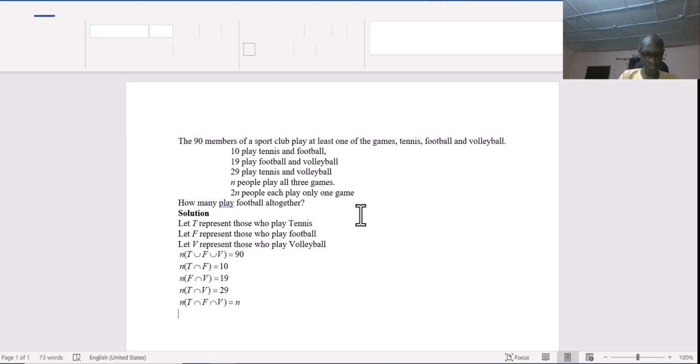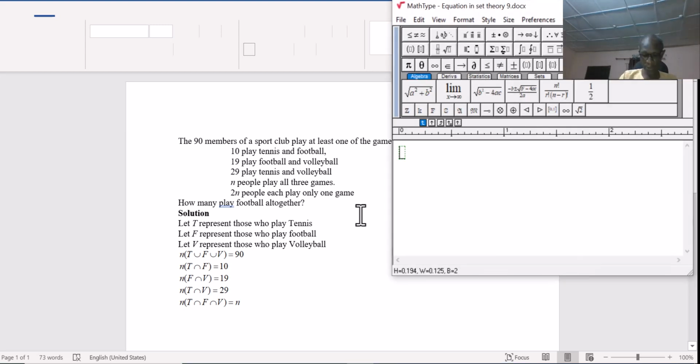I'm going to represent that. Those who play tennis only, T intersection F complement intersection V complement, is equal to 2N.